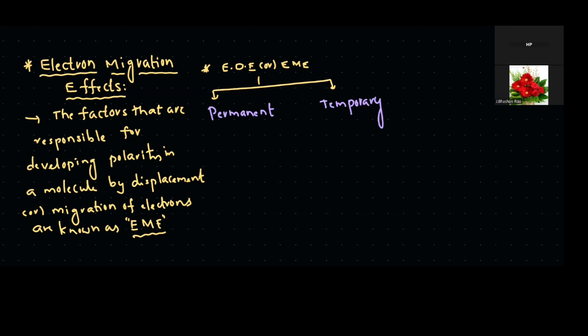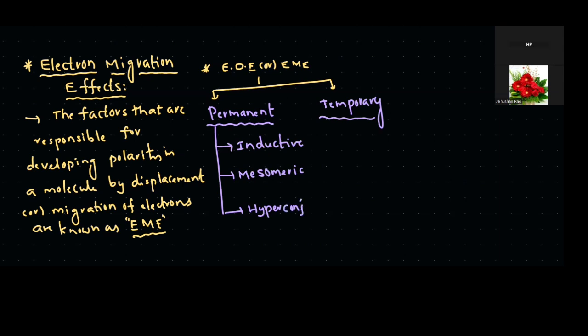This permanent effect is again classified into three categories: inductive effect, mesomeric effect, and hyperconjugation.